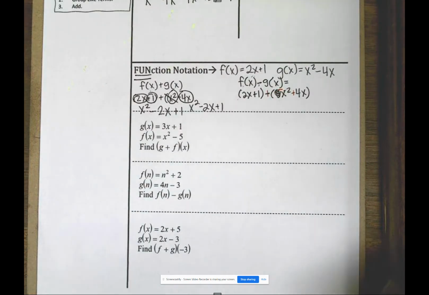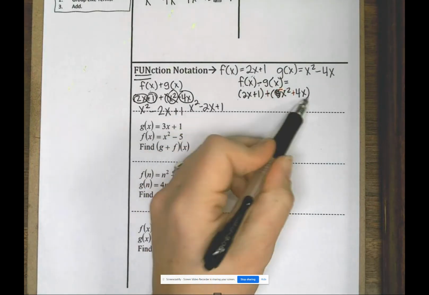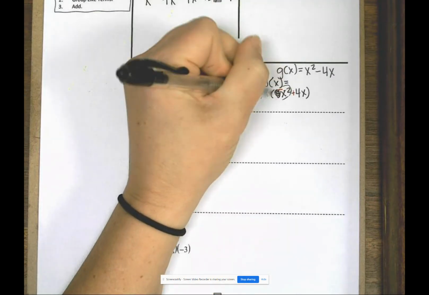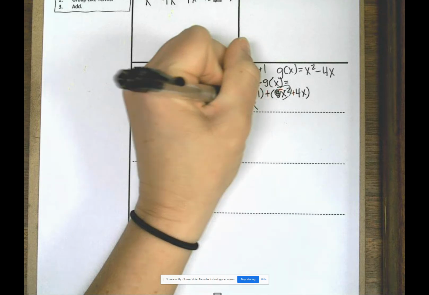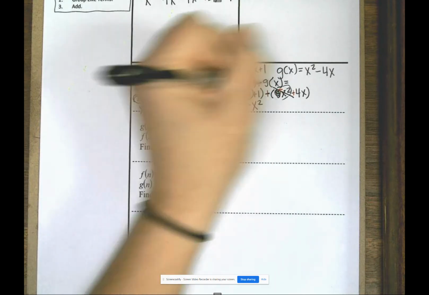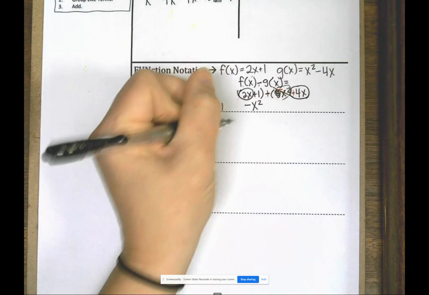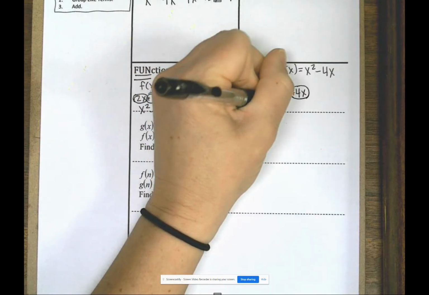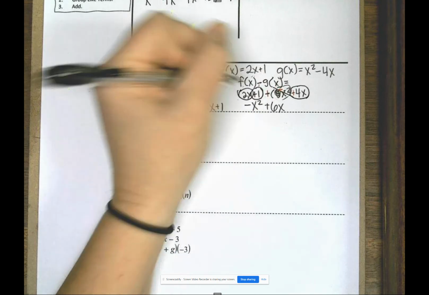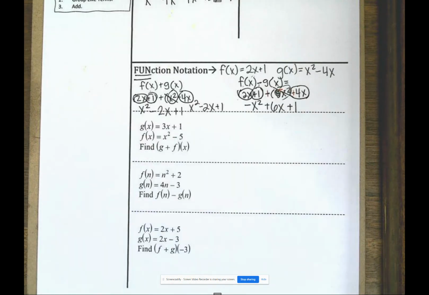Now that I have distributed my negative throughout this entire binomial, I'm now able to combine like terms. So I have now negative x squared. I'm going to combine 2x and positive 4x this time, which will give me a positive 6x. And my last term, my constant, is plus 1.